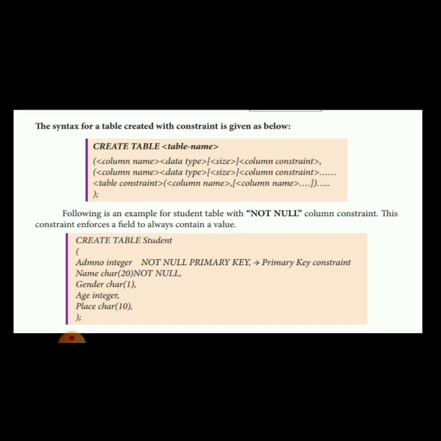Now you see the create table, which we have already seen, with the constraint given below. What is a constraint? Already we have seen in the last part. The admission number is an integer, not null and also a primary key.